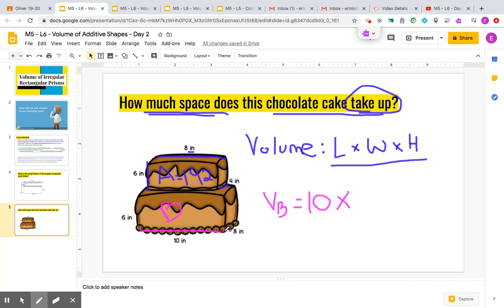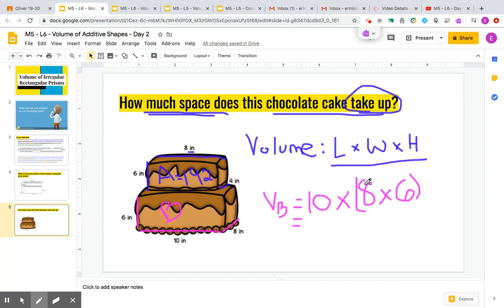Our width is 8. And our height is 6. Both tiers have the same height. Tiers meaning levels of the cake. Okay, let's try this. I'm going to do this one first because then multiplying by 10 at the end is going to be a little bit easier for me.